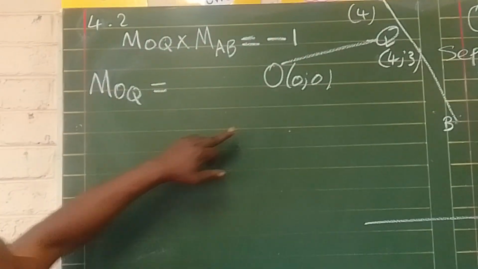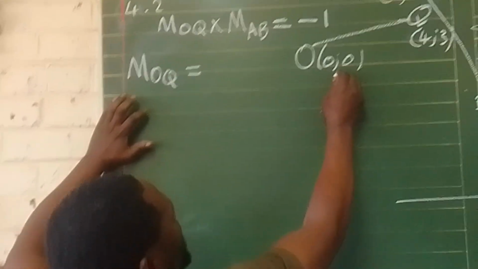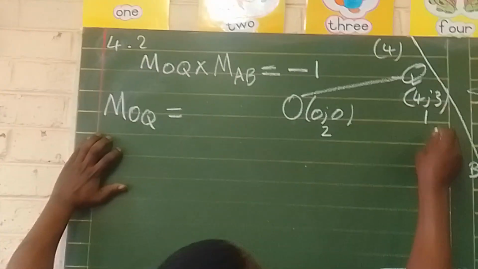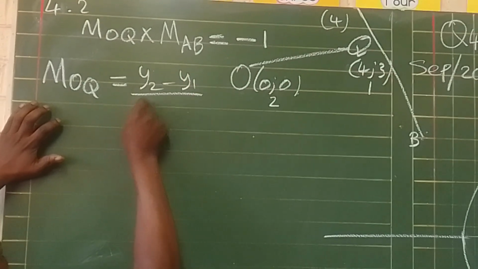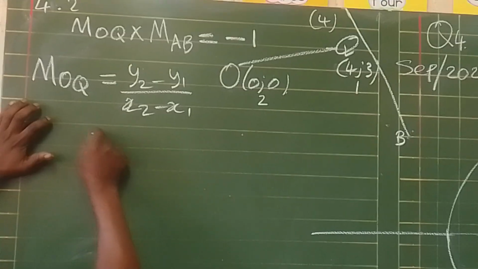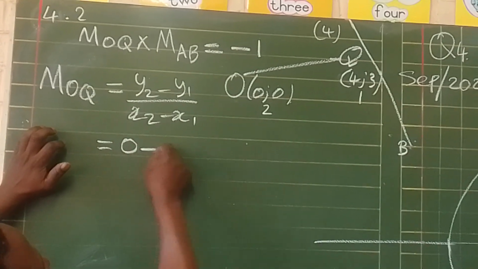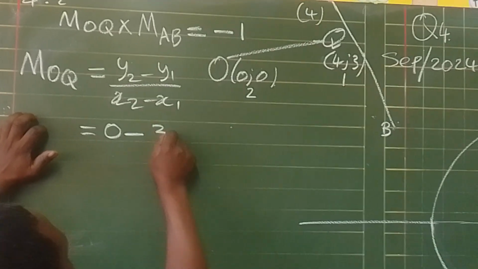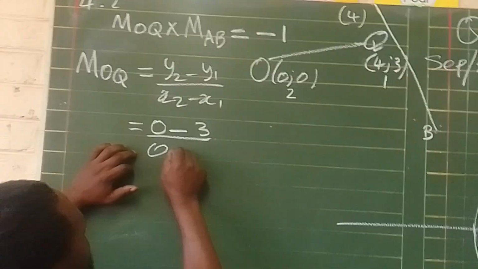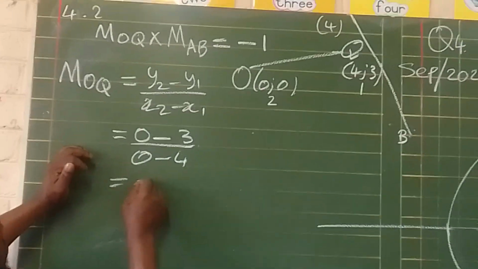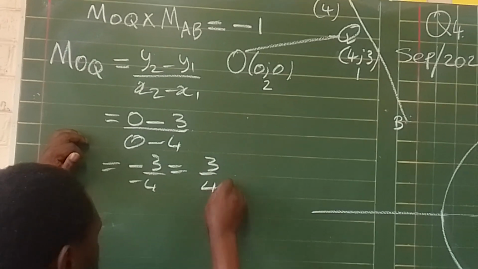But I'm interested in the gradient of OQ, which is (y2 minus y1) over (x2 minus x1). y2 is 0 minus 3 over 0 minus 4, which is minus 3 over minus 4, which is 3 over 4.